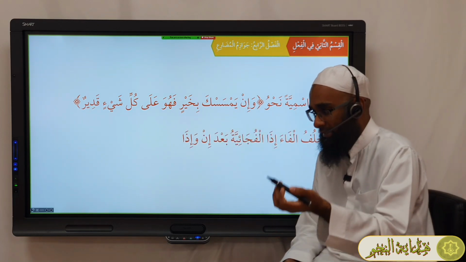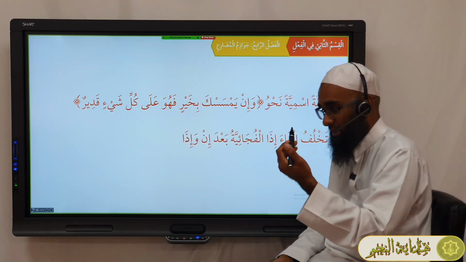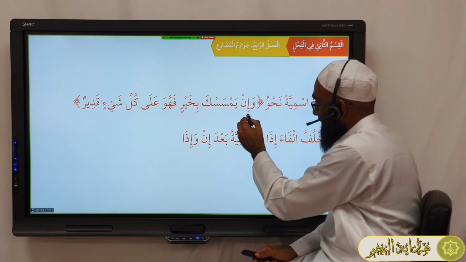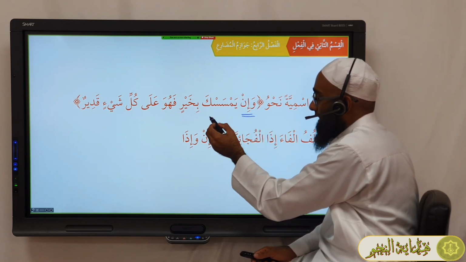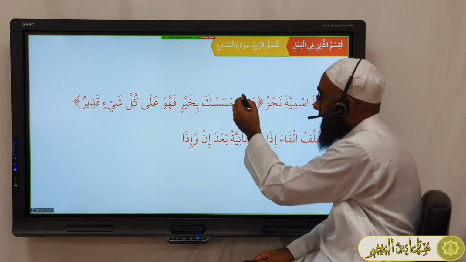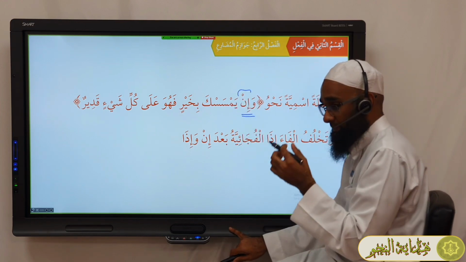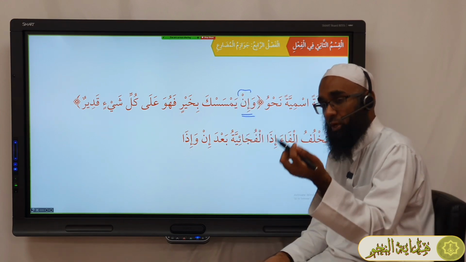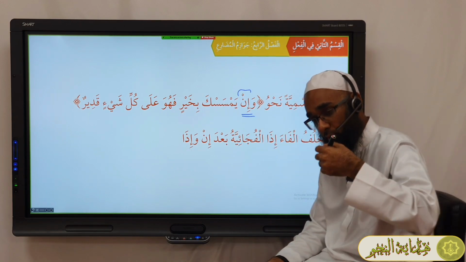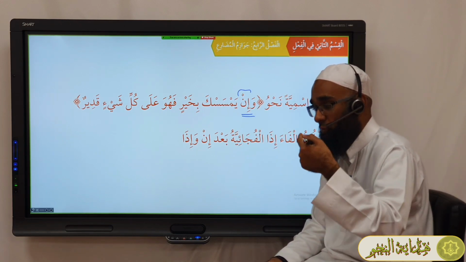As a side note, instead of fa, you can have idha fujaiya, if the shart particle is in or idha. Instead of having fa on the jawab, you can have idha on the jawab. It's called idha al-fujaiya.